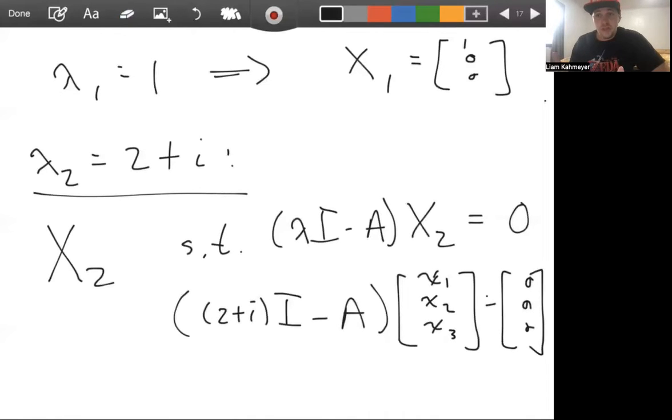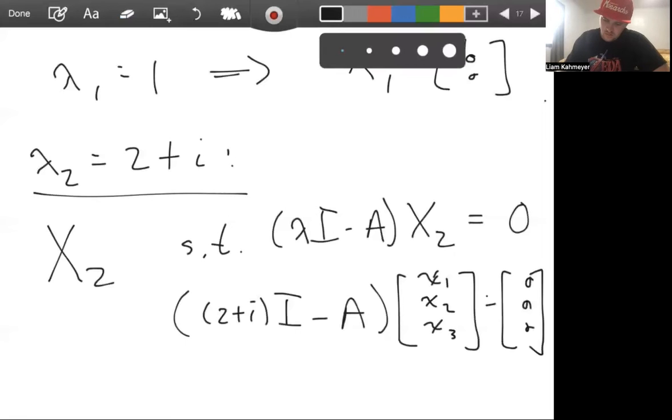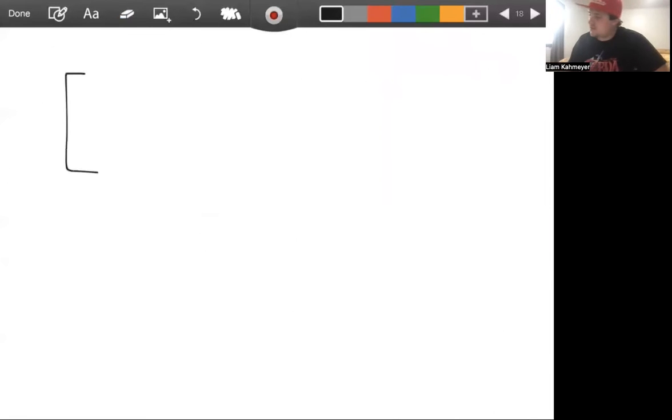Well, the arithmetic is the same. It's just a little more complicated because you're dealing with complex numbers. What you get here, you come back to this matrix, plug in lambda equals 2 plus i, and the result is, let's see, what did I get? 1 plus i, 0, 0, 0, i, 1, and 0, negative 1, i.